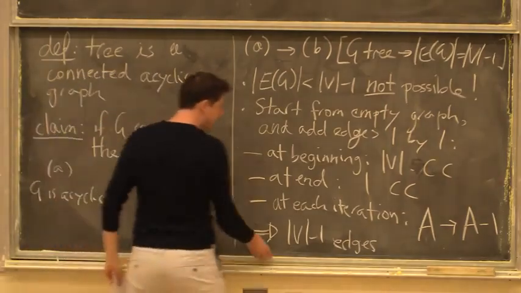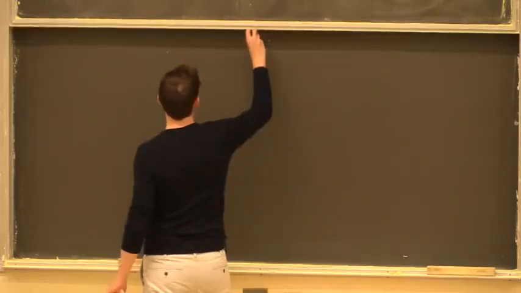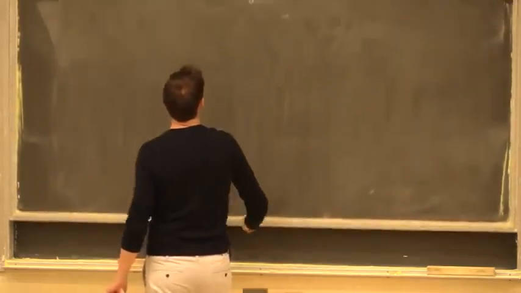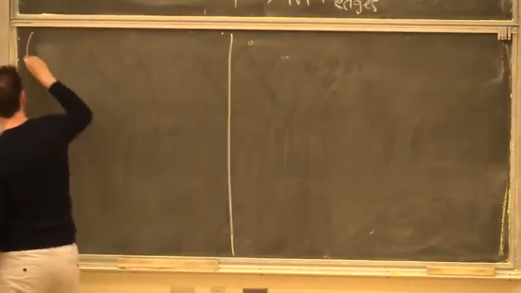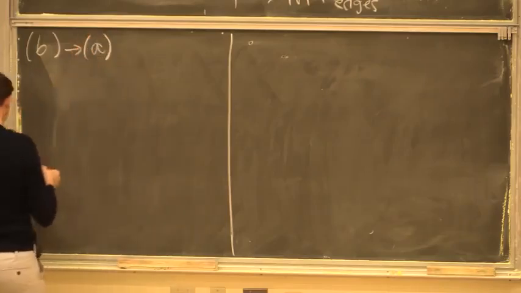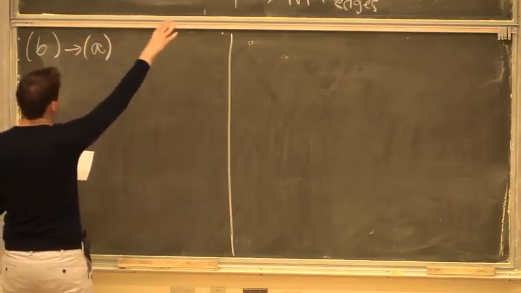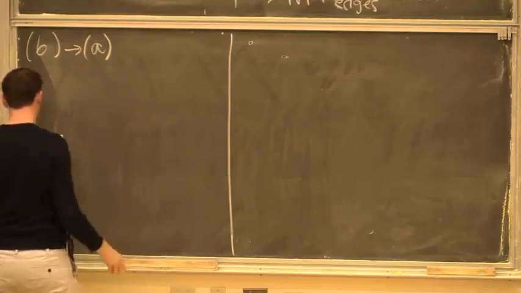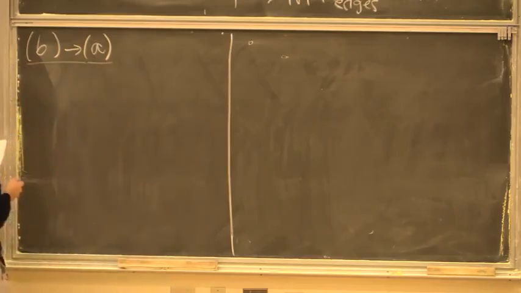So let's look at the reverse direction. Namely, if G is connected and it has V minus 1 edges, then it is acyclic.